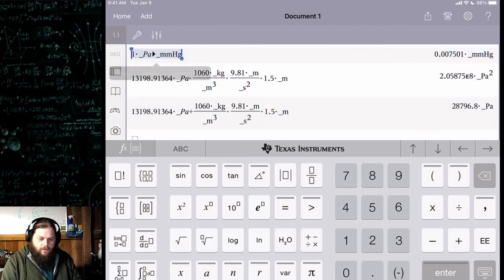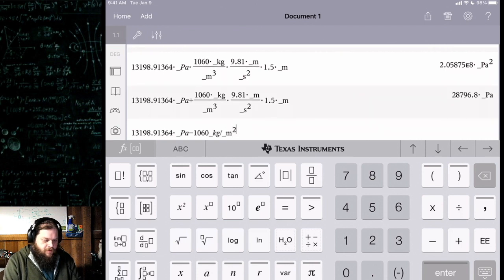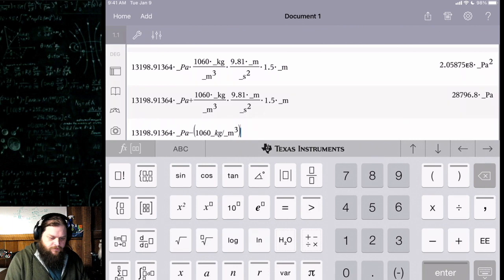So I'm going to grab this value up here. That was our pressure at the heart. Subtract from that 1060 kilograms per meter cubed, multiply that by 9.81 meters per second squared, and multiply by 0.35 meters.